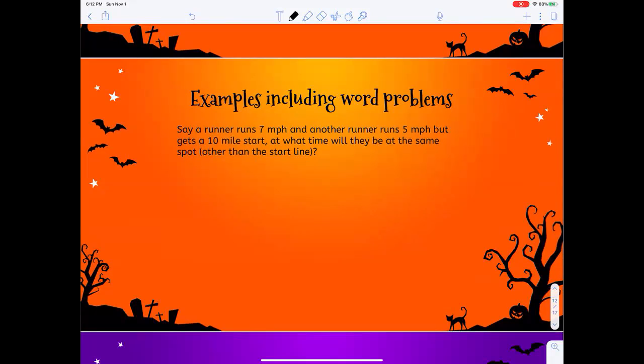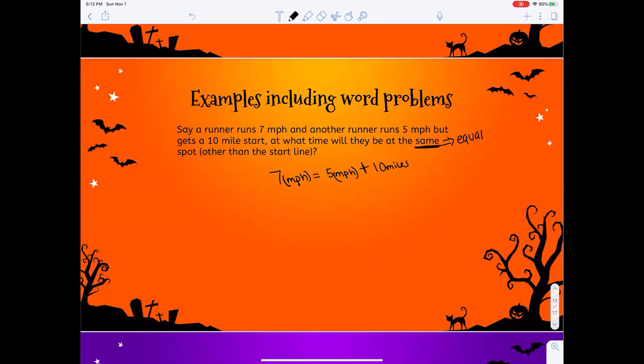Okay. So if you want them to be the same, another word for same is equal. So when will 7 miles per hour equal 5 miles per hour plus the head start, plus 10 miles? Here we could substitute. If we think about this, this is basically our variable, miles per hour.